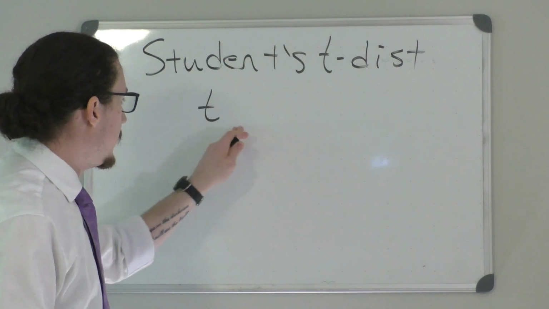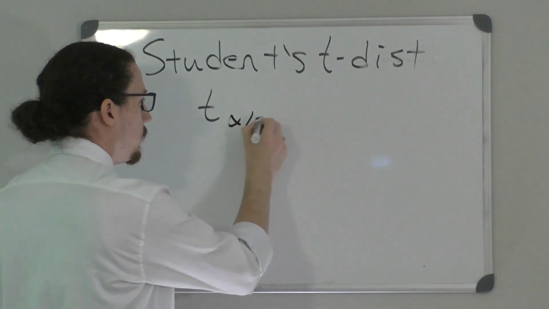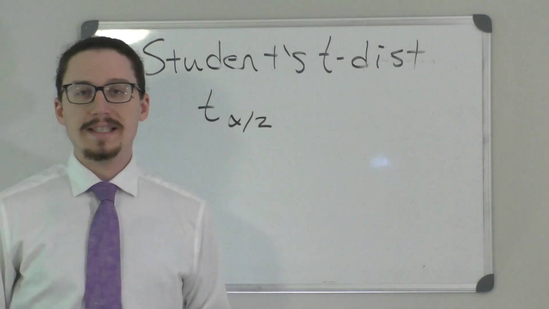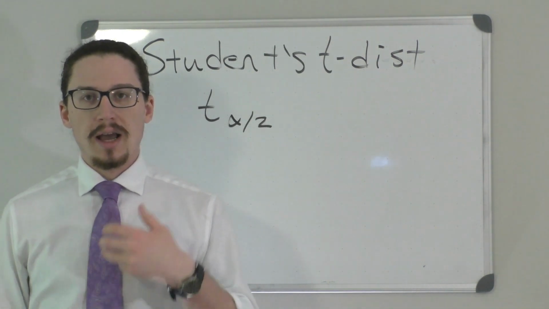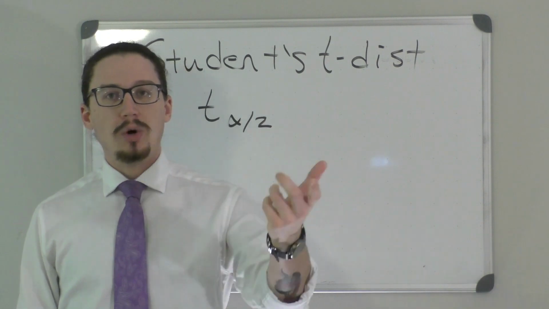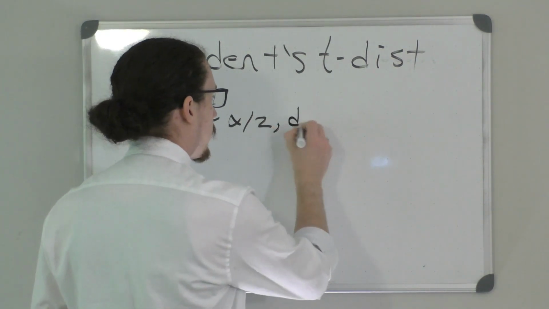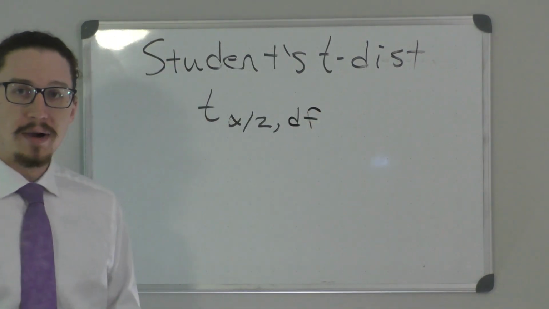For our purposes, at least right now, we're going to be using t alpha divided by 2. That's pretty similar to our z; we've been looking at z alpha divided by 2. The big thing is that we're going to have one additional thing that we have to take into consideration.